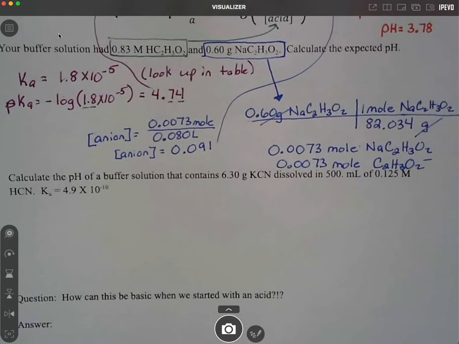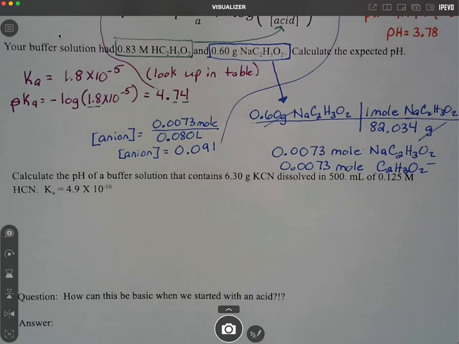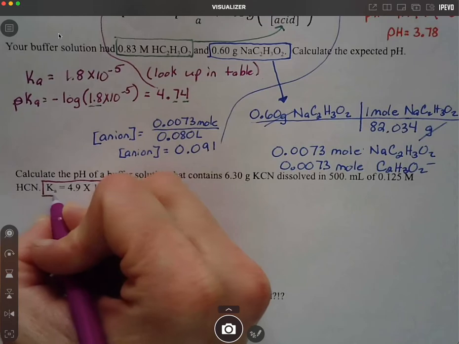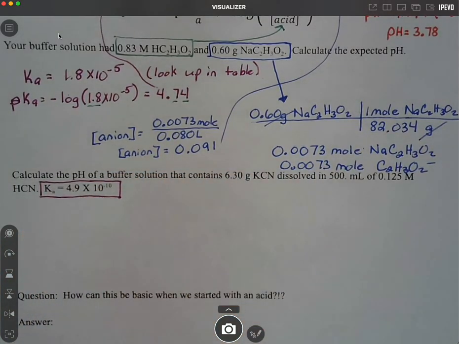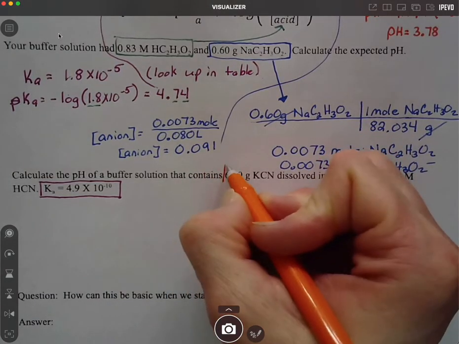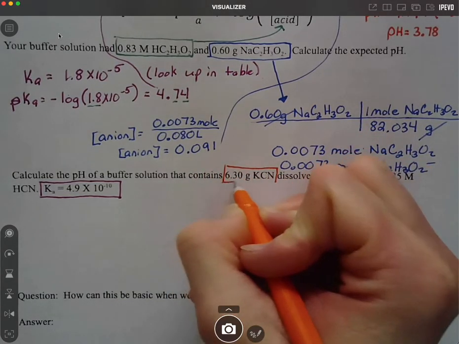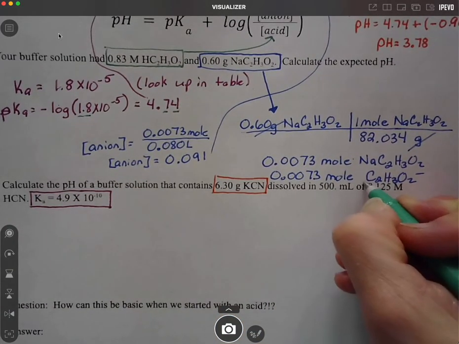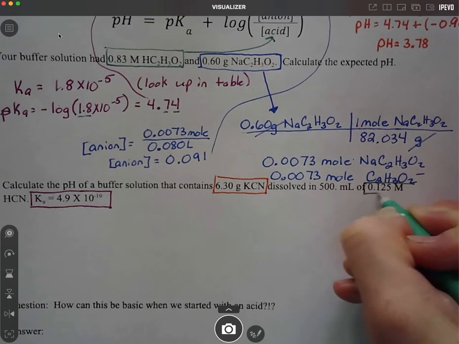But try to do the same thing with this one right here. I'm going to start by identifying all the pieces that are going to help me.